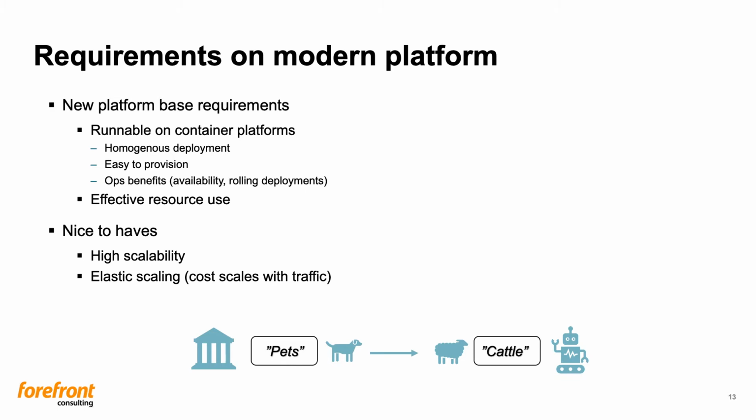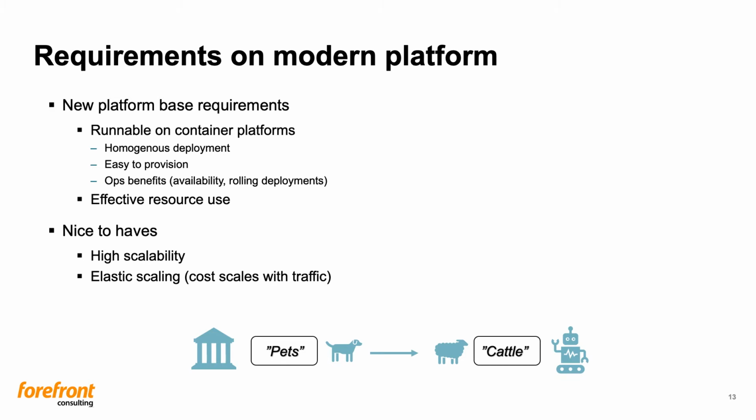And then you can have some more niche requirements that I think a lot of modern platforms can also fulfill. For example, high scalability, if you want to scale to handle a really high load in production. Or you might require elastic scaling, that you can scale your deployments with the load that's coming in.